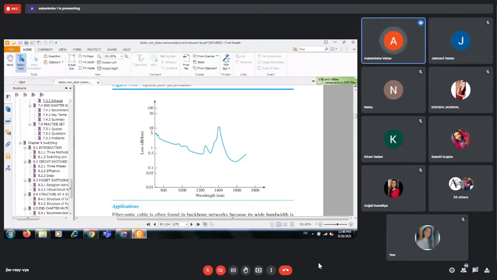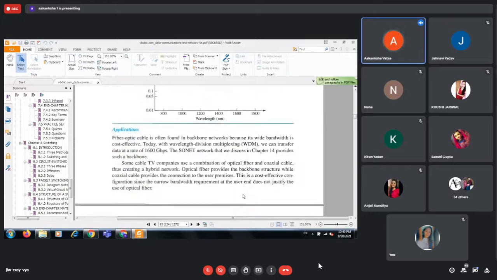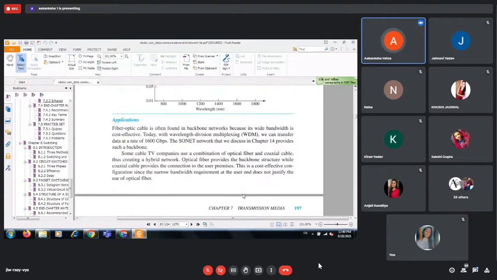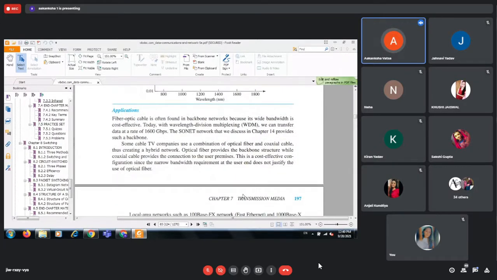This is the loss in decibels on the y-axis, and on the x-axis you have the wavelength of the light ray in millimeters. Now, what are the applications of optical fiber? They are often used as backbone networks, because they have a high bandwidth and are cost effective.